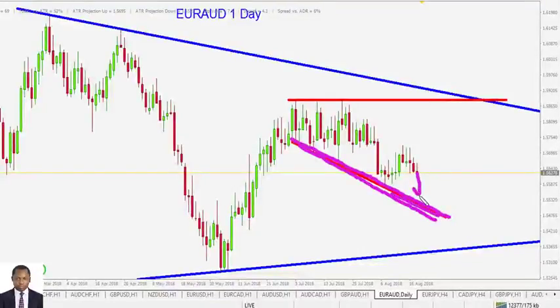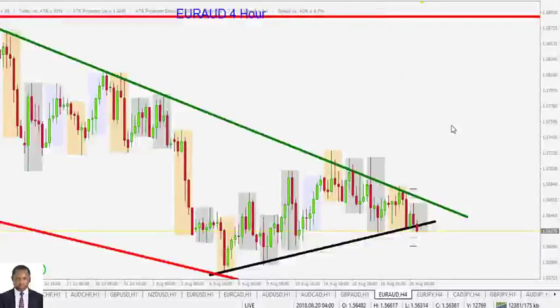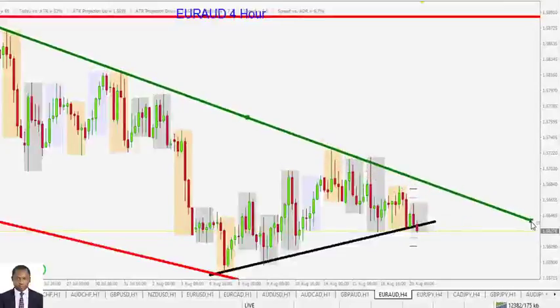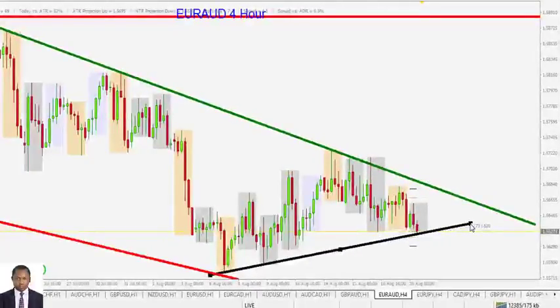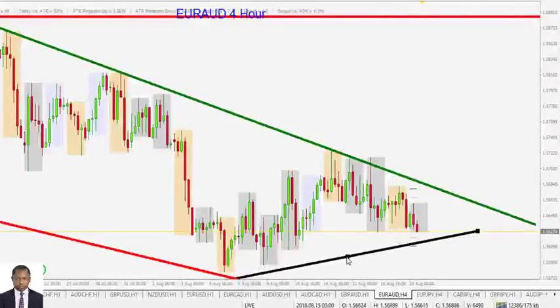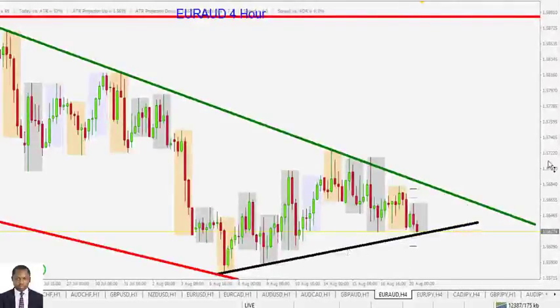Even if price have to come down, you must be careful with that particular level. In the 4 hours time frame, we have this counter trend line, also possible support zone. It has not been broken, so be careful going short.